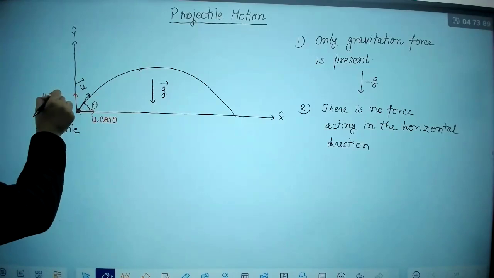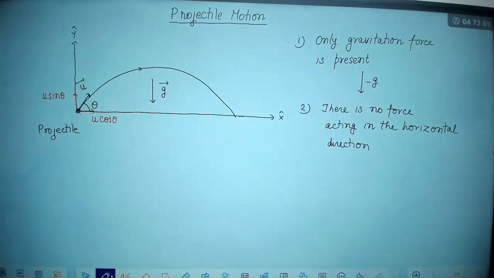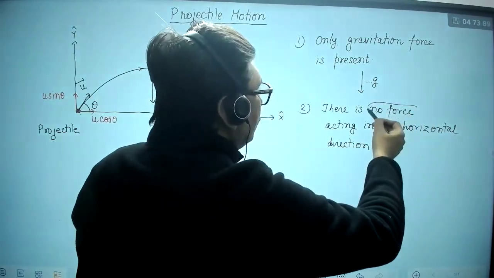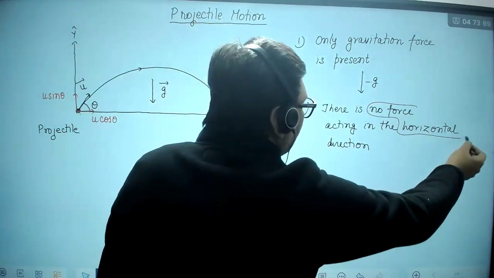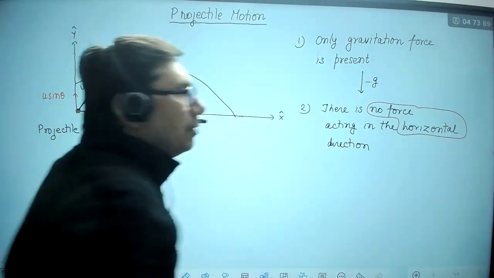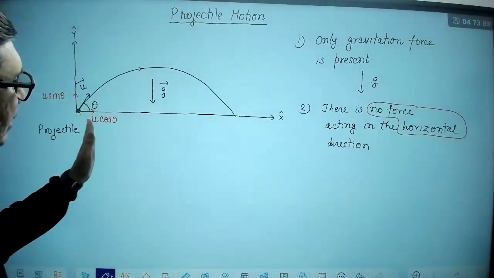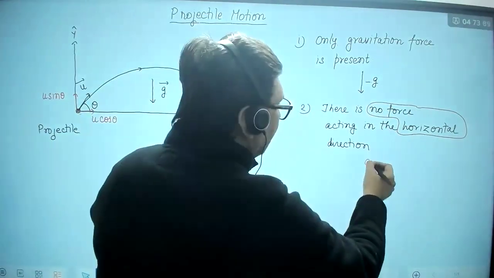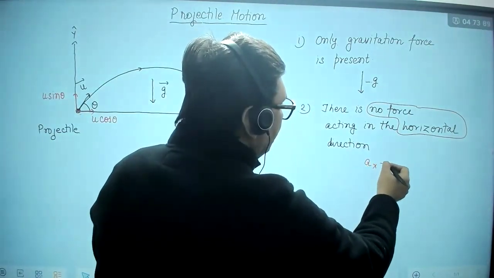In projectile motion, because there is no force in the horizontal direction, the acceleration will be 0. So a_x, the acceleration in the x direction, will be 0.